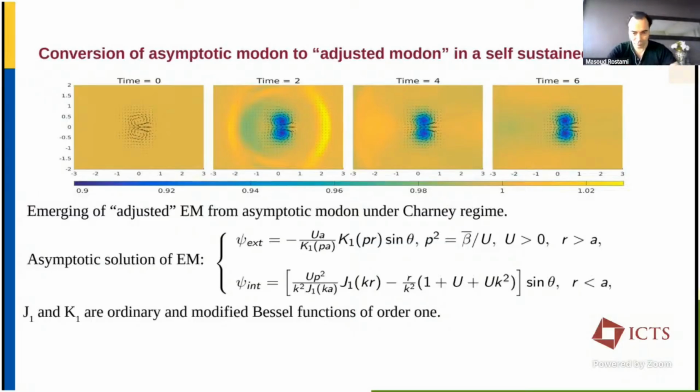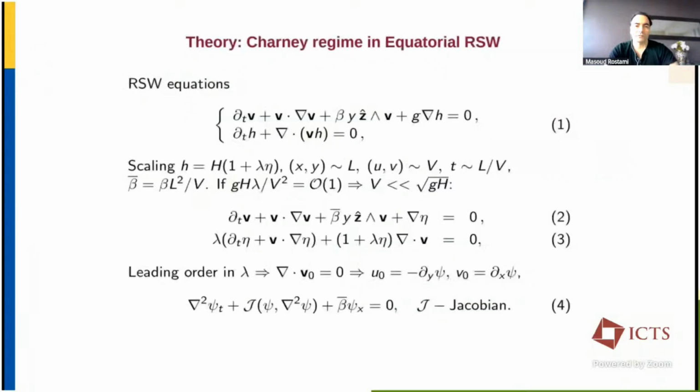As you see, the asymptotic solution in the Charney regime has, in fact, an analytic stream function solution for the asymptotic modon, for internal and external regions, with psi as the stream function. The derivation is a bit complicated, so we can pass this part, but it's important to know that we are in the leading order.